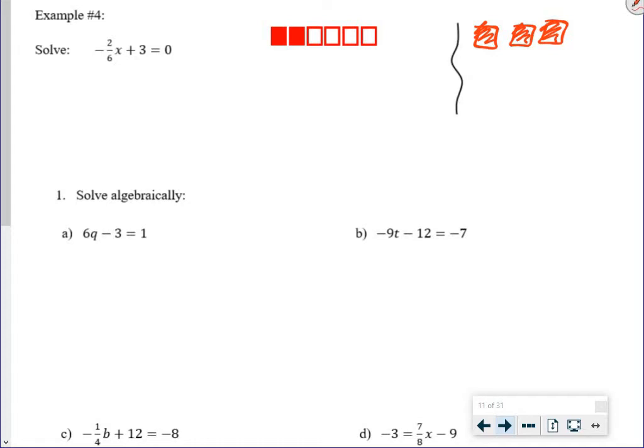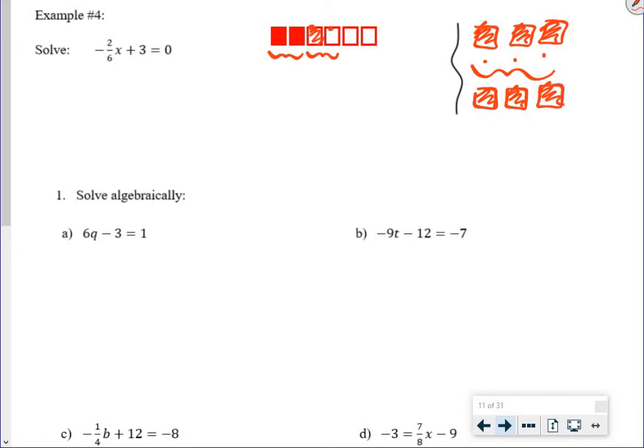So negative 2 out of 6x is worth 1, 2, 3 negatives. If 2 of these is worth 3 over here, if I did another 2, that would be worth another 3, like that.